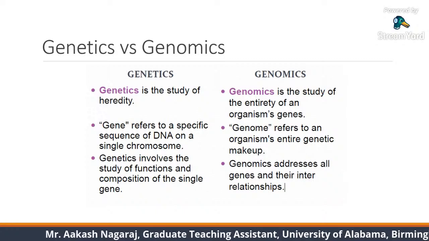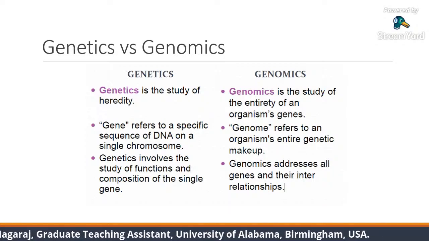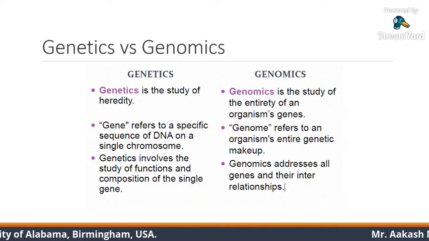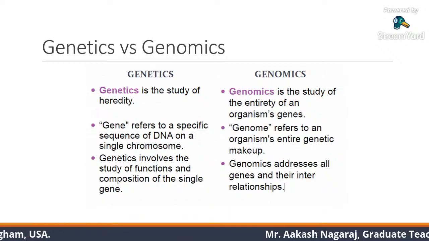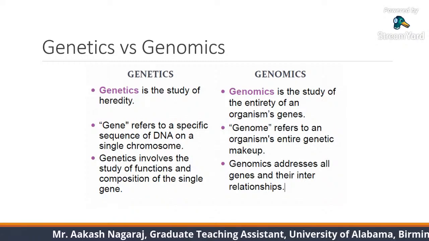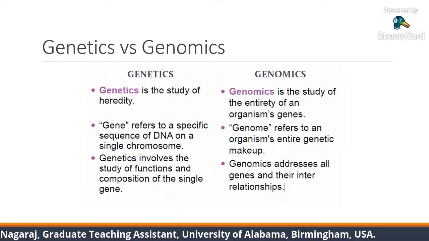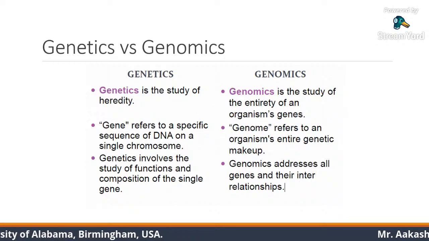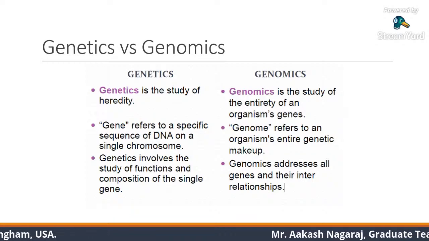It is more of a comprehensive study. So genetics studies the function of a single gene and the composition of the single gene and all its properties, and genomics addresses all the genes together and their interrelationships.